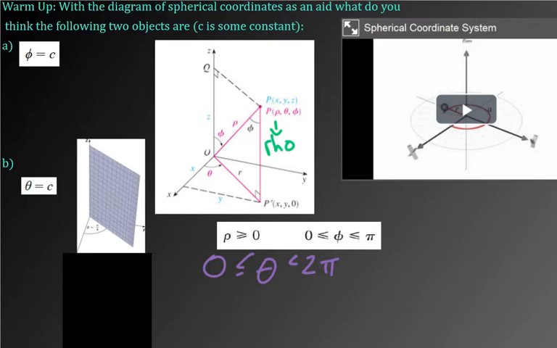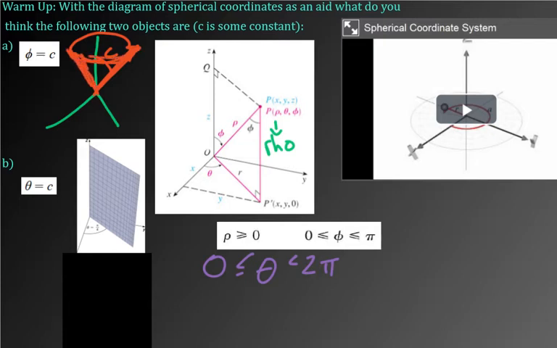But if you fix this angle that comes down, say we fix phi to be c, then this can rotate around, and you would get a cone.